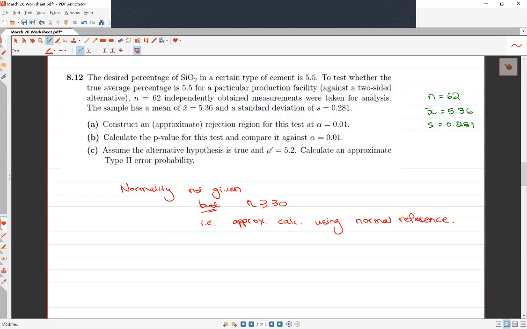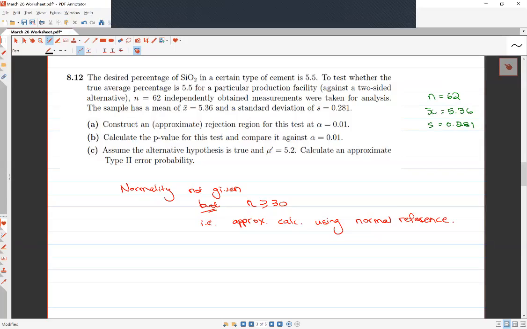So the calculations will proceed exactly as we did before, still using the z-observed statistic and normal CDF as a reference, but what we'll remember at the end of the day is what we're calculating will only be an approximation and not a true exact value.